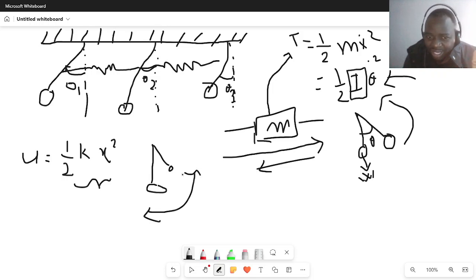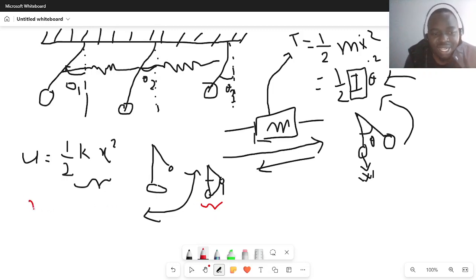I don't know if I'm making sense. The object is here, it started here. As you move it, it is somewhere here. Because there is a change of height, it was here, now it is here, it has what we call potential energy. And what is the potential energy due to height? What is the formula for it?